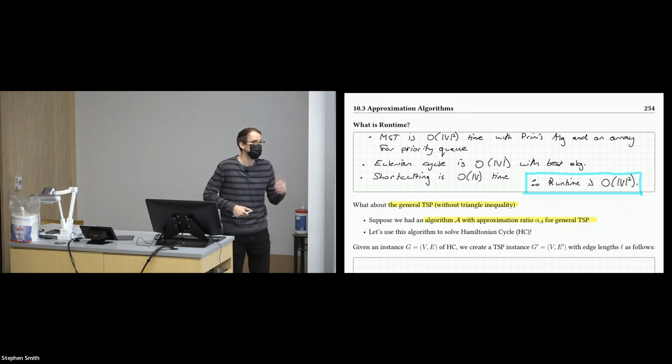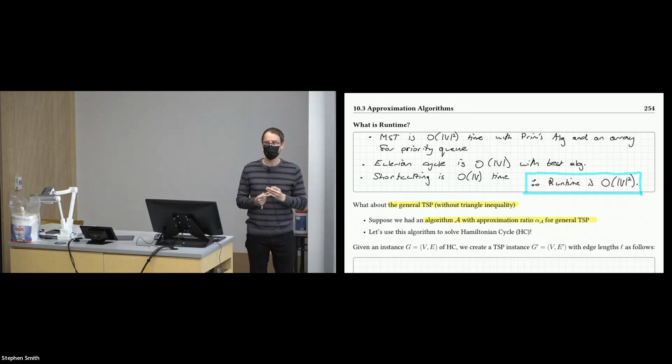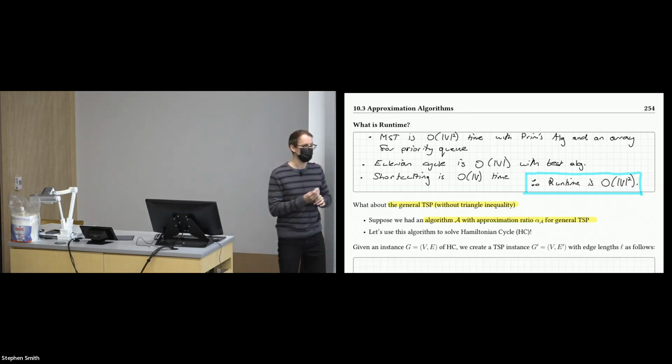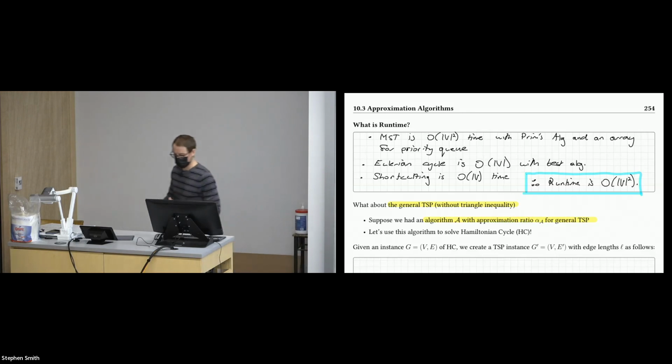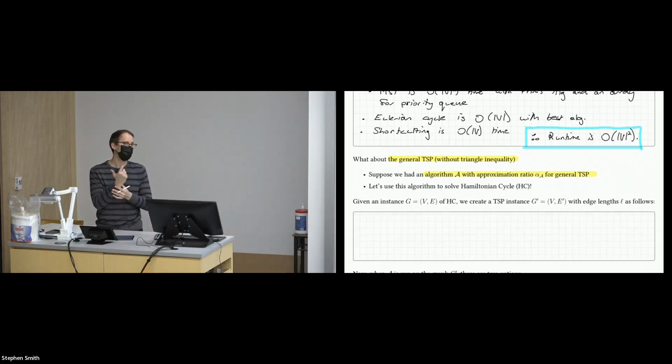What that then means, since Hamiltonian cycle is NP complete, is that unless P equals NP, no constant factor approximation exists for the general TSP. So let me show you how this works, right? We're supposing we had an approximation algorithm for the general TSP. It gives us an alpha approximation.